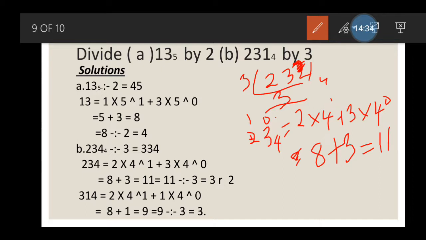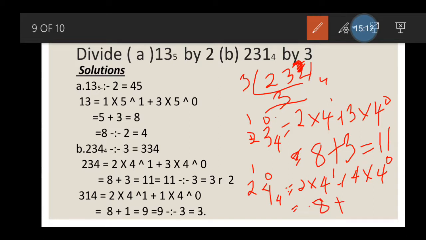So you will not just say 24 divided by 3. Rather, you change 24 base 4 to base 10. That gives us 2 times 4 raised to the power 1 plus 4 times 4 raised to the power 0. 2 times 4 is 8, plus 4 times 1 is 4.